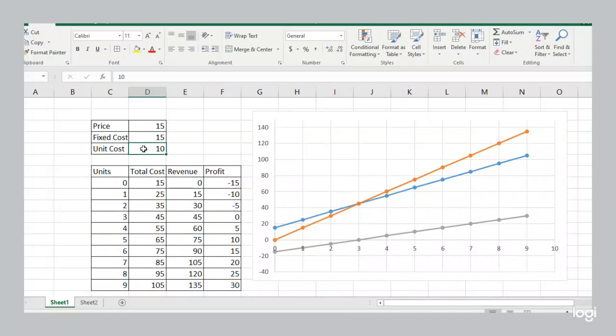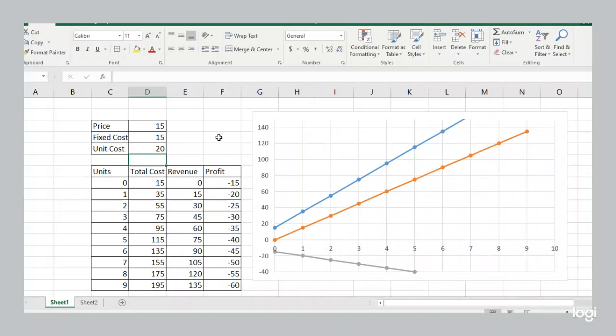Now, that break-even point can also be pushed back by increasing the unit cost to say 20. Right? Now look what happens. This blue line is steeper than the orange line, which means they will never intersect. Our unit cost is greater than our price. If every time you perform the service, for every item that you produce to sell, making it costs more than selling it, you can never break even.